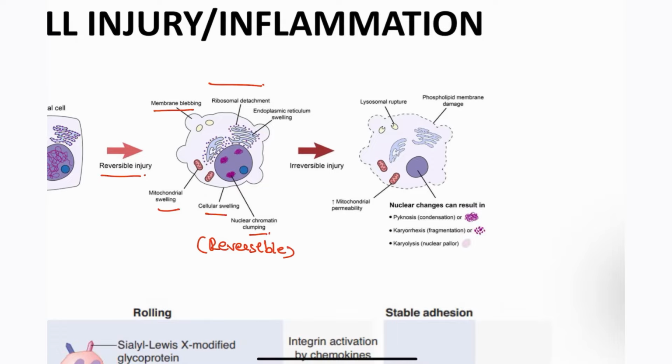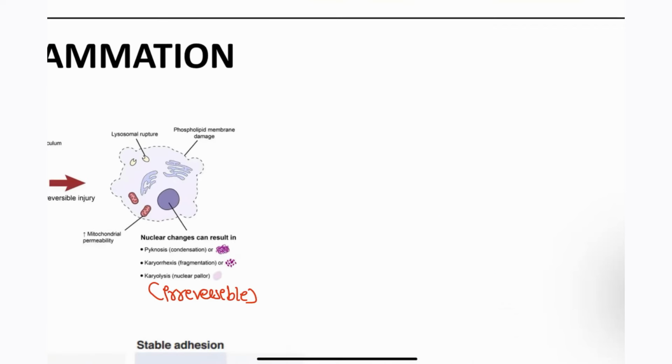This will be seen. And when it becomes irreversible, it is going to show pyknosis, condensation, or karyorrhexis, fragmentation, karyolysis. So either it is going to undergo apoptosis, or it is going to undergo necrosis. This is seen in the irreversible patients.